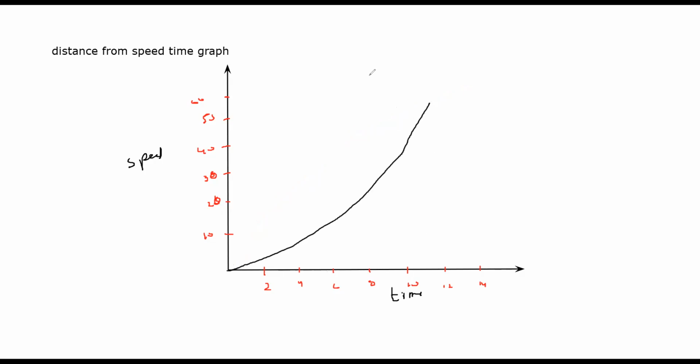So if I draw a perpendicular here, it's a curve. Whenever there's a curve, what is the method? You have to draw equally spaced lines, horizontal and vertical.